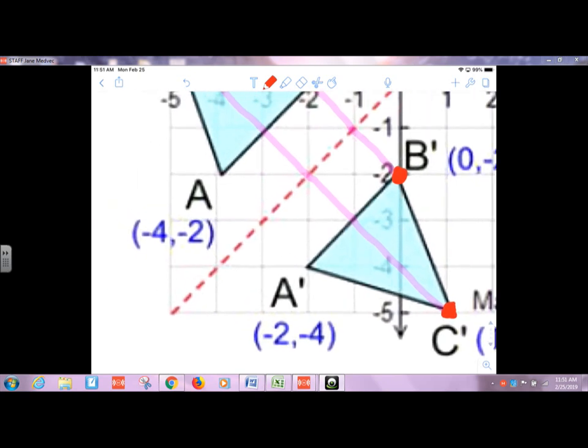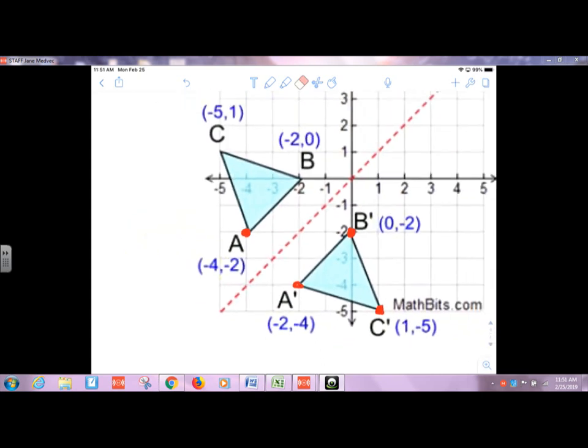And then finally, if I look at A, I'm going to go 1 block the other way. So this was the ordered pair, and here's that ordered pair. And so if I erase those lines, you're going to notice that I end up with the points for those figures.